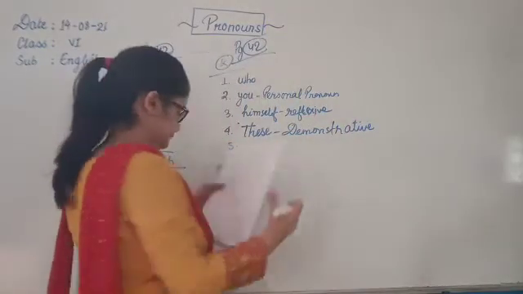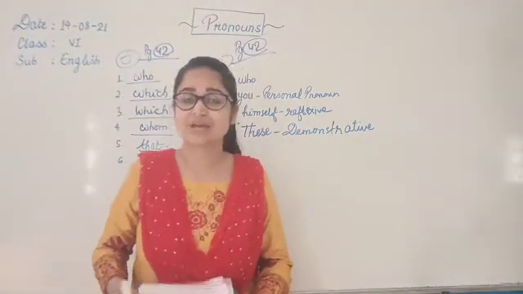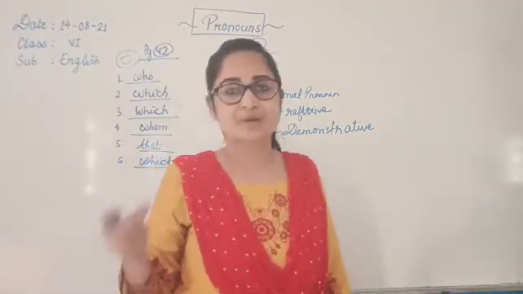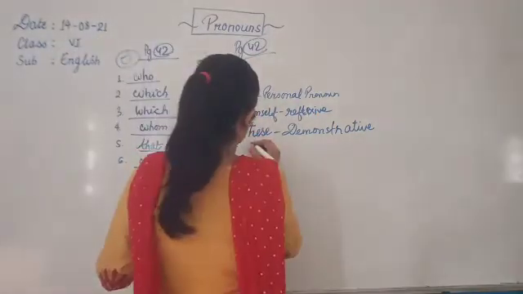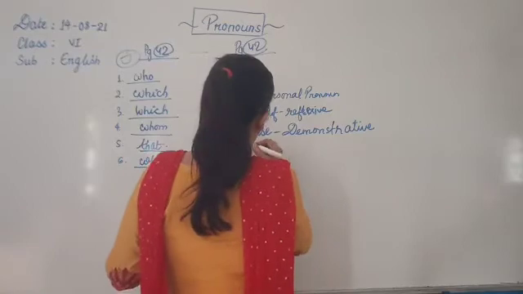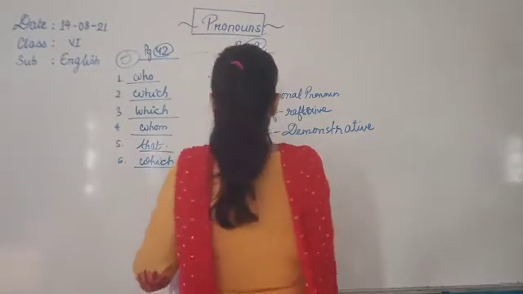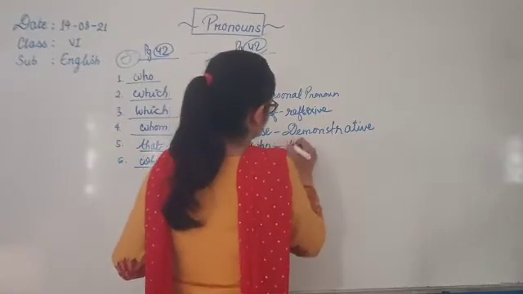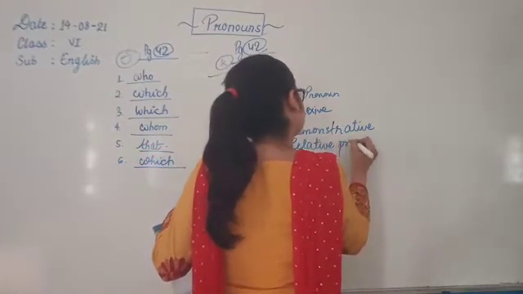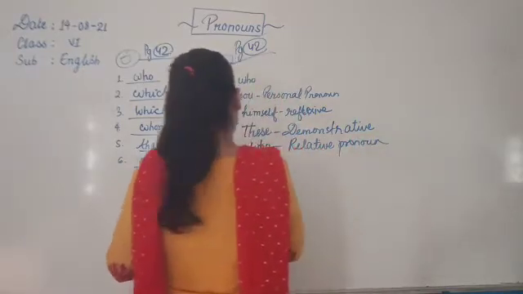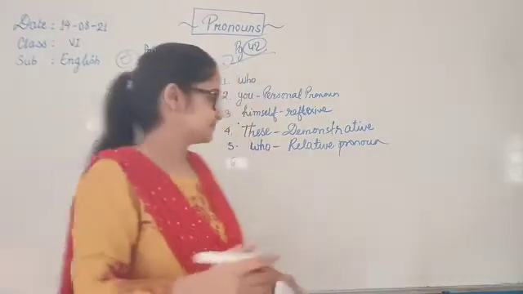Number 5, the girl who came late. Now children, here also we have used who, but it is not a question. I told you what it is. Who is what? Relative pronoun. Number 6, this book is mine.